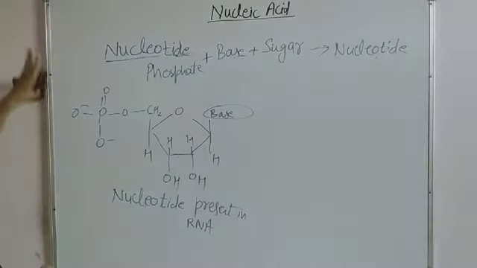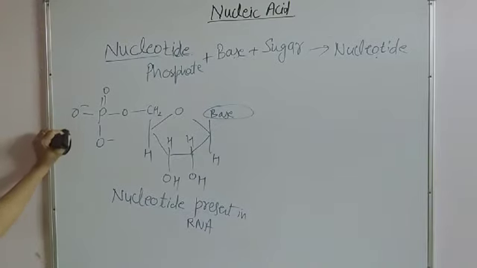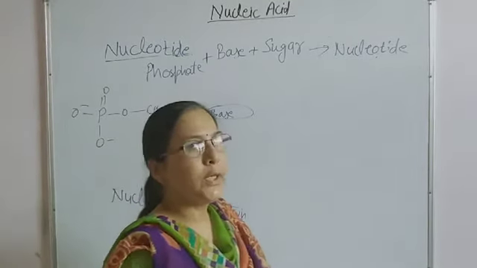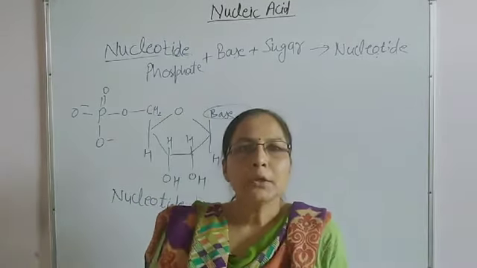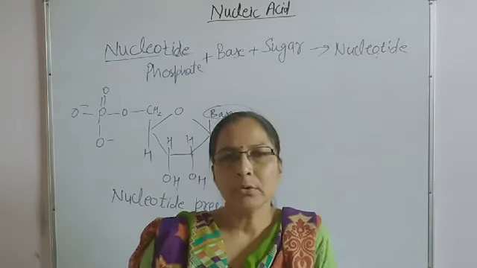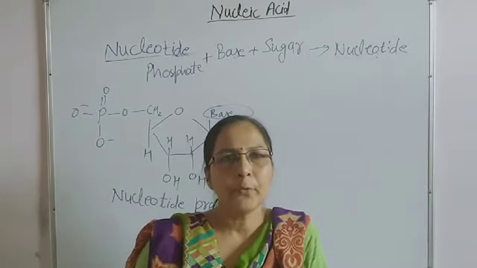So this is the small picture of how a nucleotide will form and how the nucleoside will form. Now we will deal with the dinucleotide first. If you understand dinucleotide, then we can understand how any polynucleotide will form.